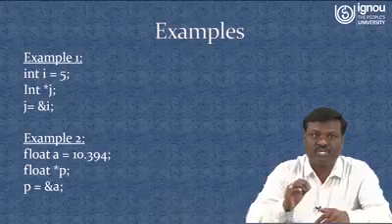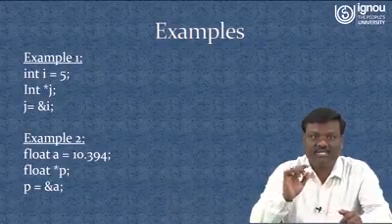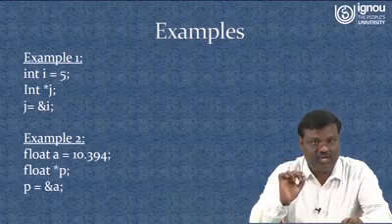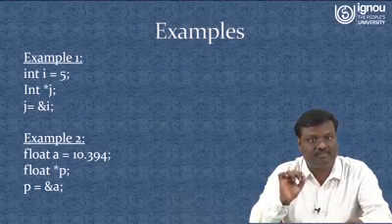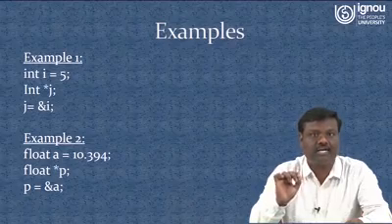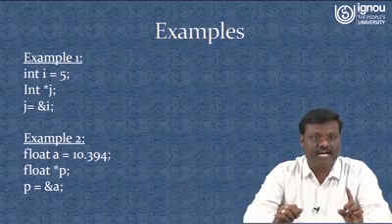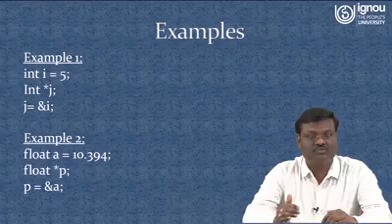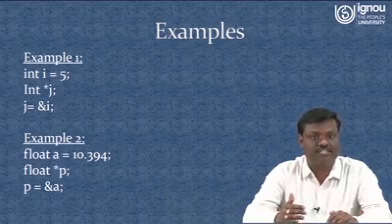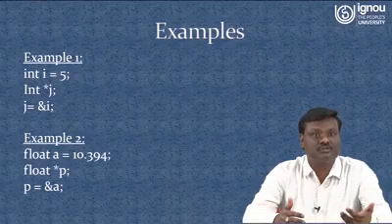So here j is pointing to an integer variable. Suppose you take float star j and you want to store j equals ampersand i, it won't allow. Why? Because there is a difference. i is an integer, and you want to store its address in a float pointer, and star j wants to access a float.